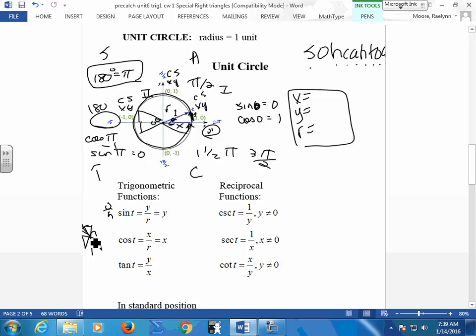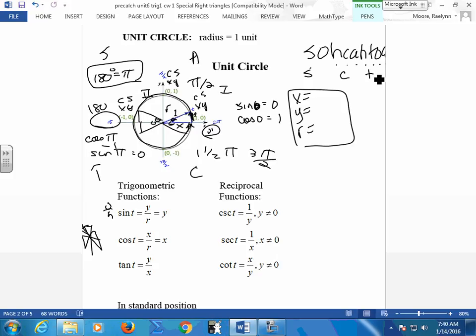Okay? Is everybody familiar with these ratios? Okay, so we're going to start memorizing these. Now, if you forget how to do this, an easy way is this. Go to your sine, cosine, tangent. On your unit circle, what is your radius? Which part of your radius is your triangle?